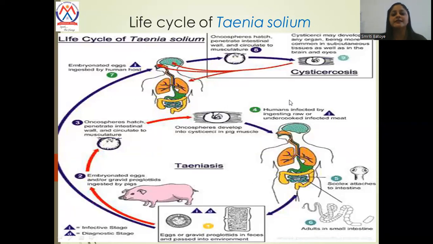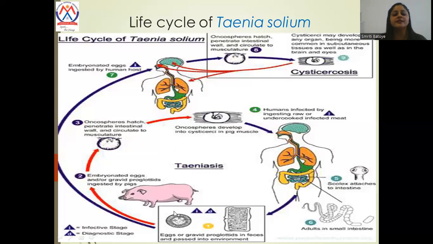In the intestine, there is a secretion of the parasite which will cause a hole inside the body of the pig, and with this it enters into the circulation, and finally it circulates and enters into the muscle cells.